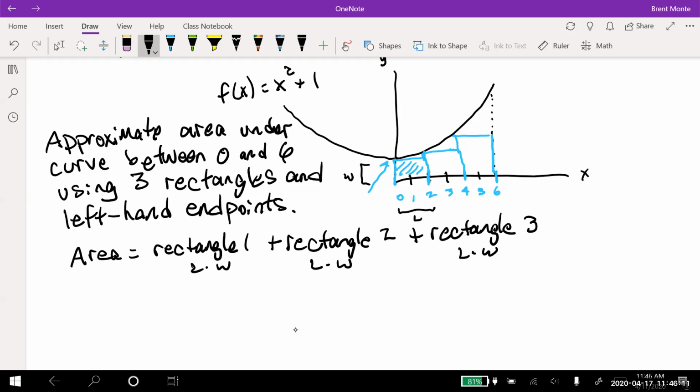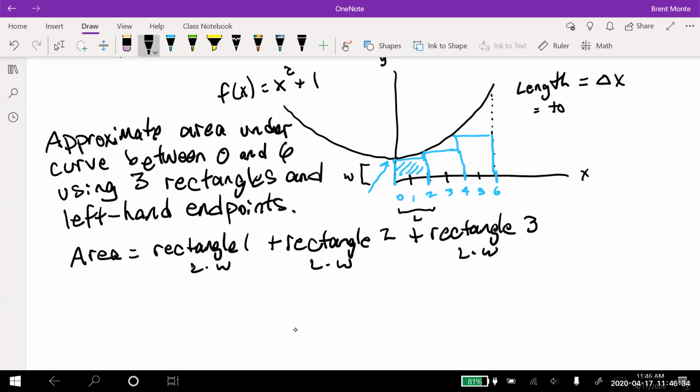the length, notice they all have the same length. Let's put that up here. The length is just how far we go in the x direction. So we're going to call that delta x to mean the change in x. But that change in x is my total change divided by how many rectangles I have.